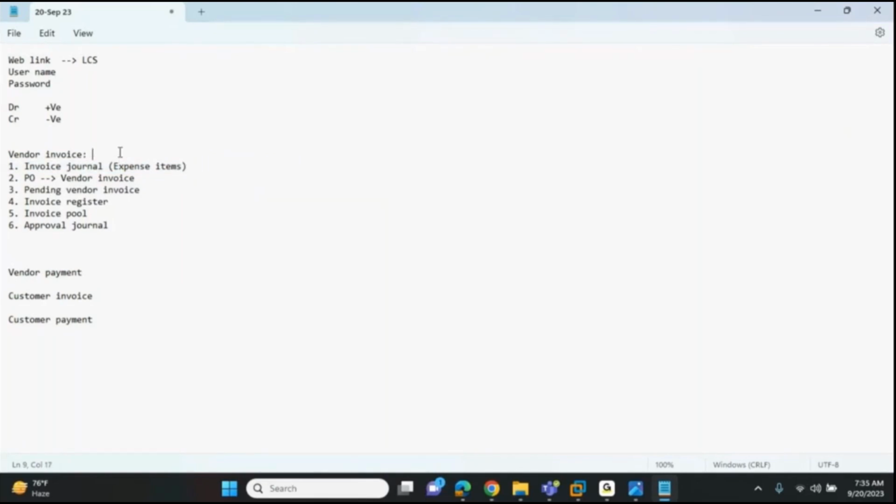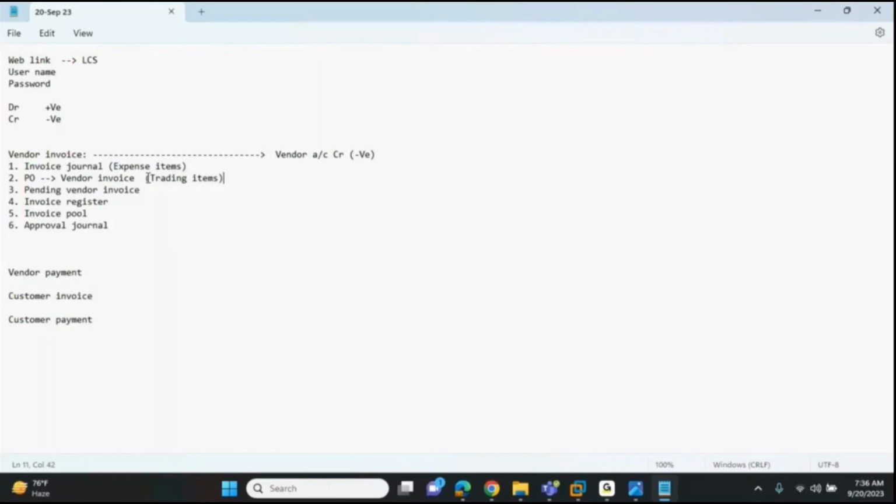At the time of this vendor invoice, the vendor account will be credited. You have to remember, the vendor account will be credited because I need to pay money to the vendor. Then what is the purchase order vendor invoice?